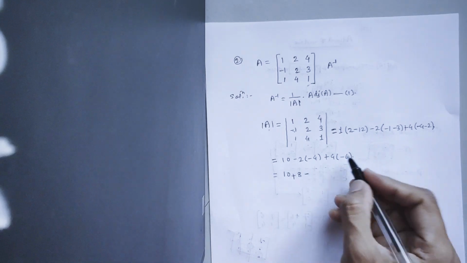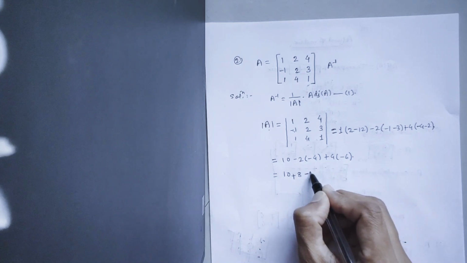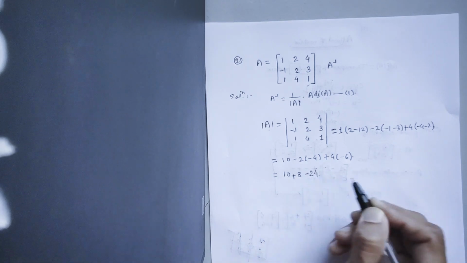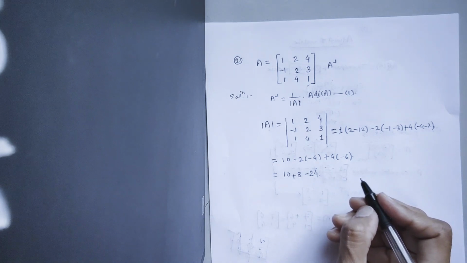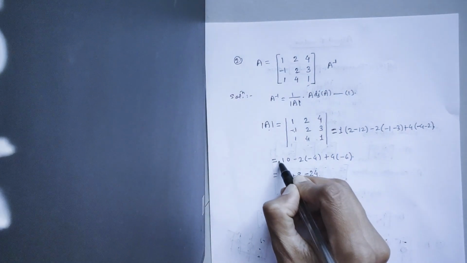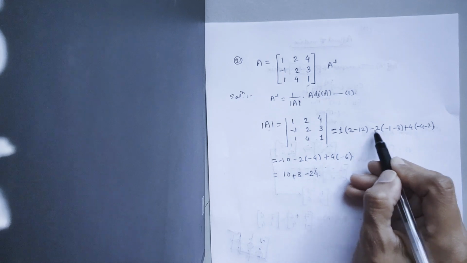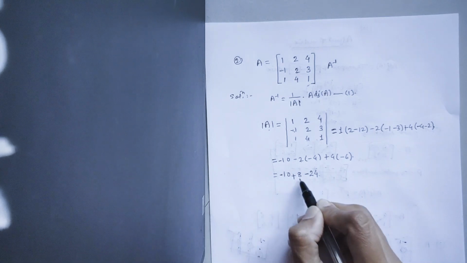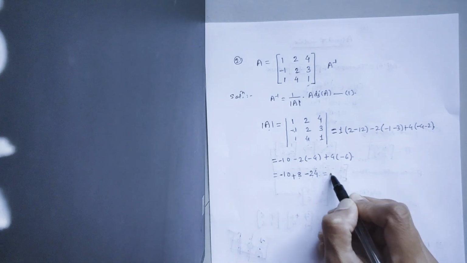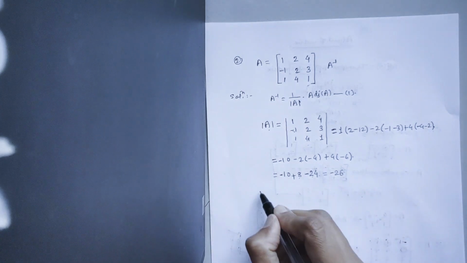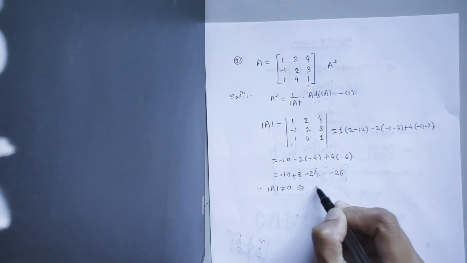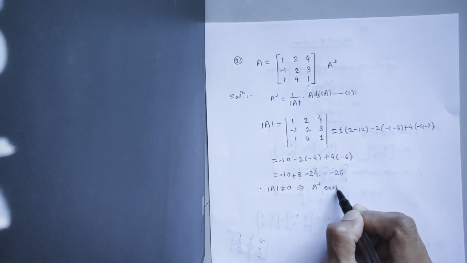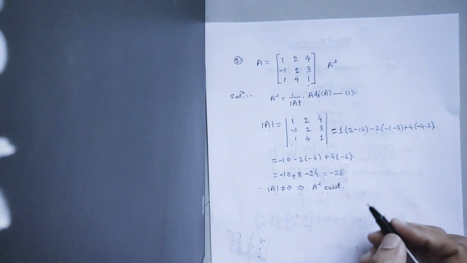So here I have minus 10 plus 8 minus 24, which gives minus 26. Since my mod of A is not equal to 0, therefore A inverse exists. This satisfies my condition.